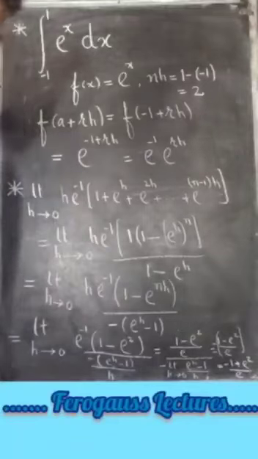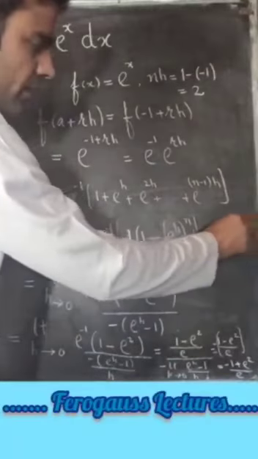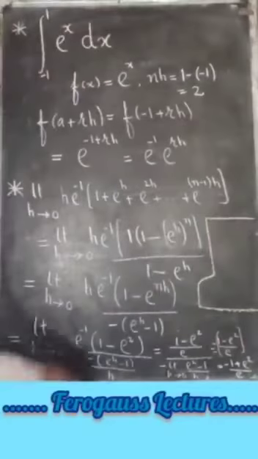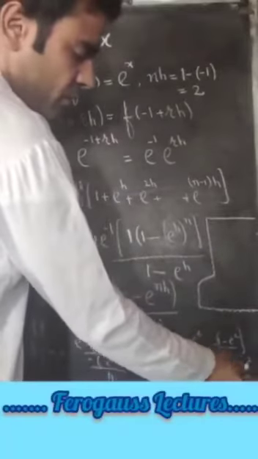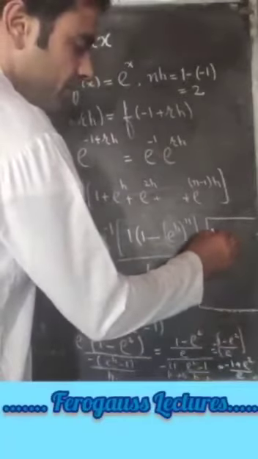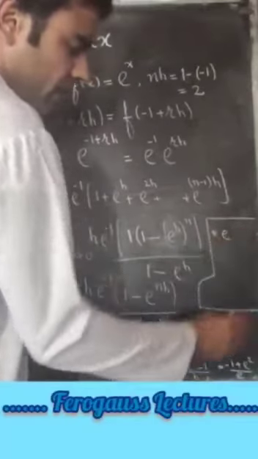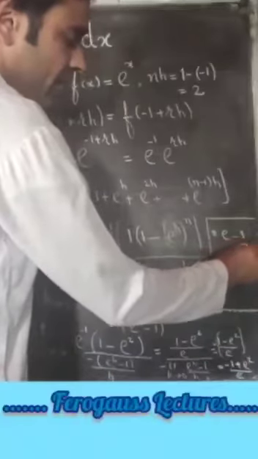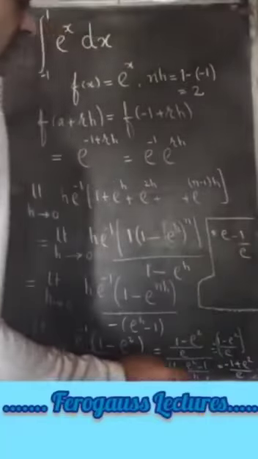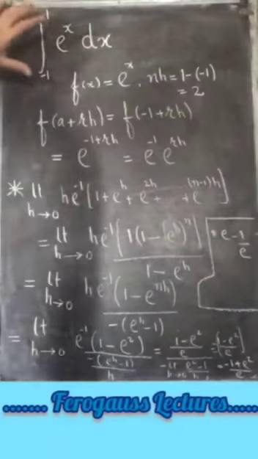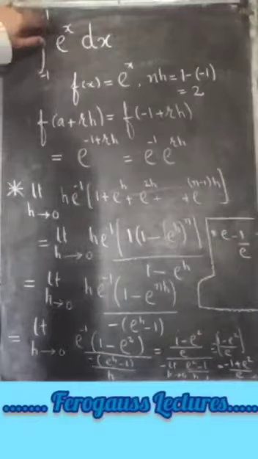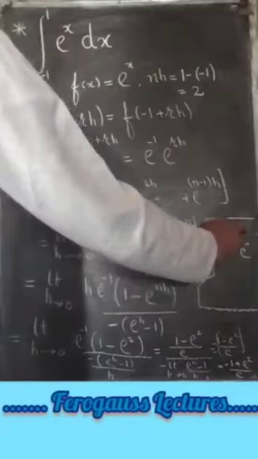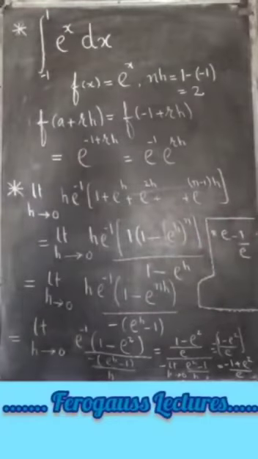Okay, now we write it here. That is further equal to e raised to power 2 divided by e, that is equal to e. Then we have minus 1 divided by e. So that's the answer. Therefore, the value of this integral minus 1 to 1 e raised to power x dx is equal to e minus 1 by e. Okay, that completes the question.